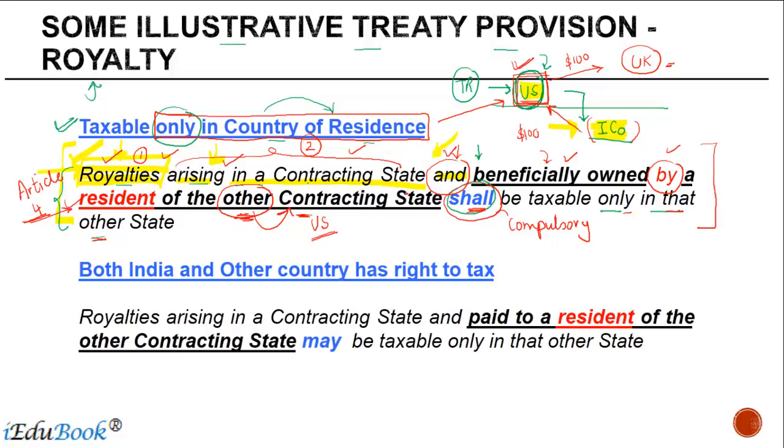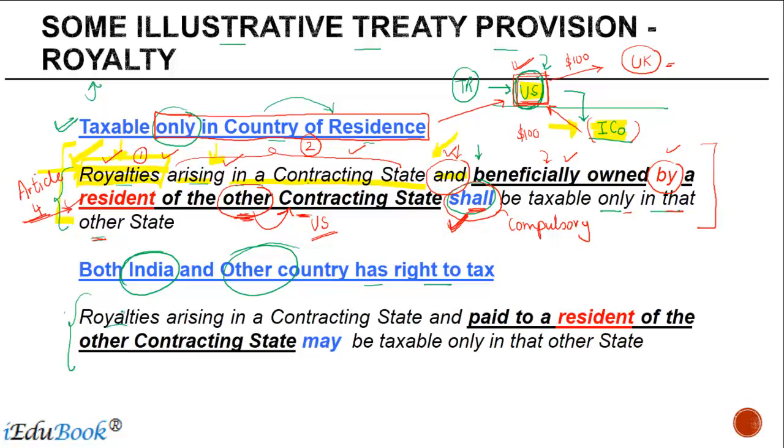And this happened because of the use of the word shall. Now there could be another situation as well, where both India and the other country has a right to tax. Let's read an example of a particular clause which might be there similar to this.